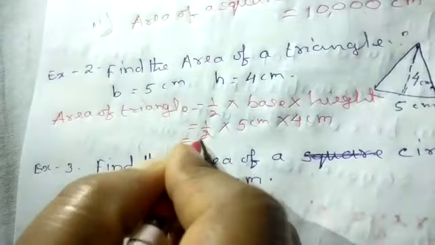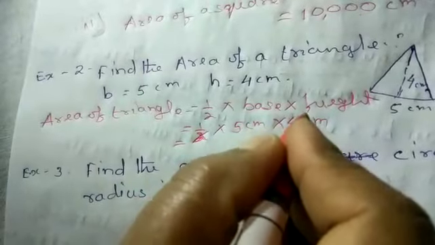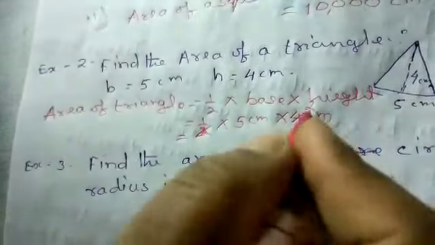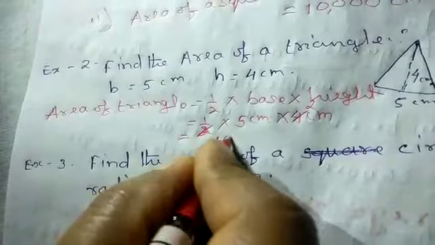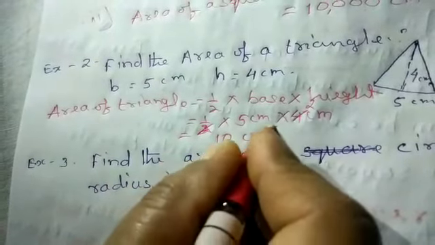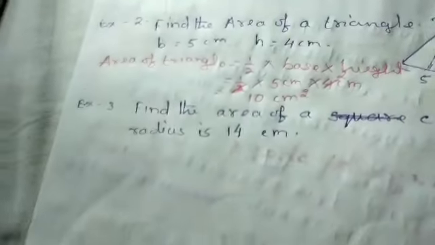Here 2 will cancel with the 4, 2 twos are 4. So that equals 10 centimeter square.